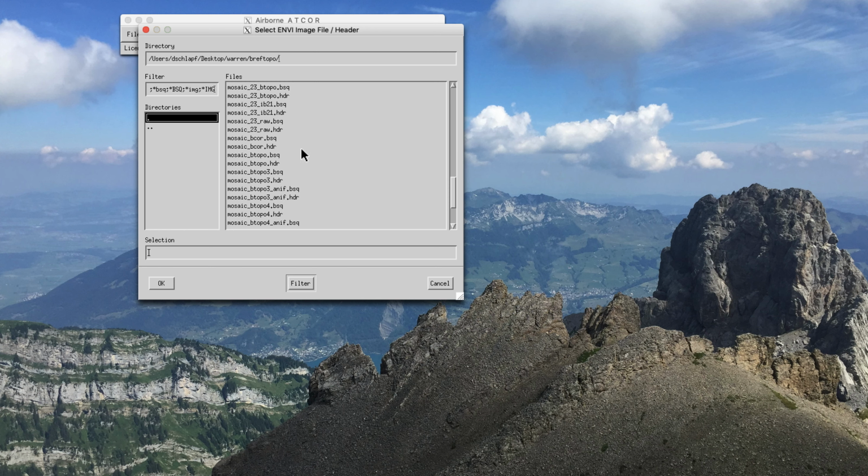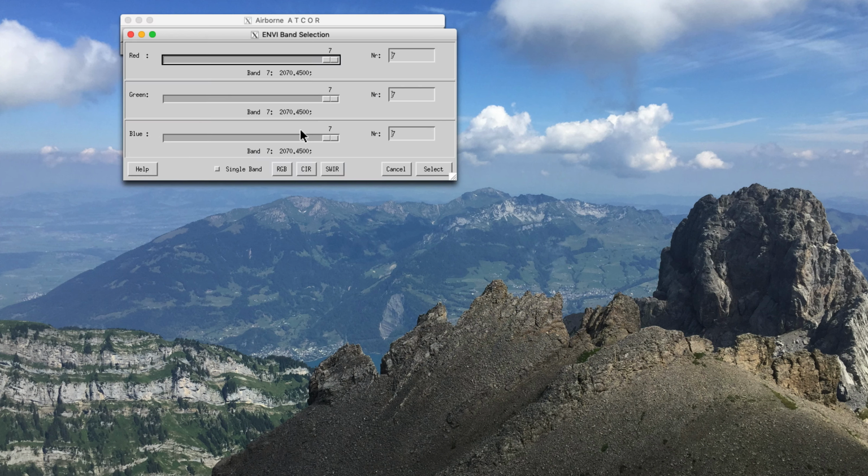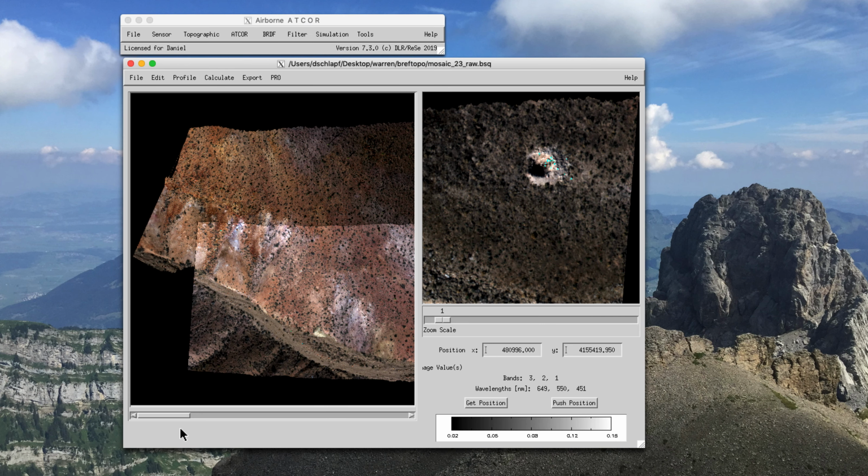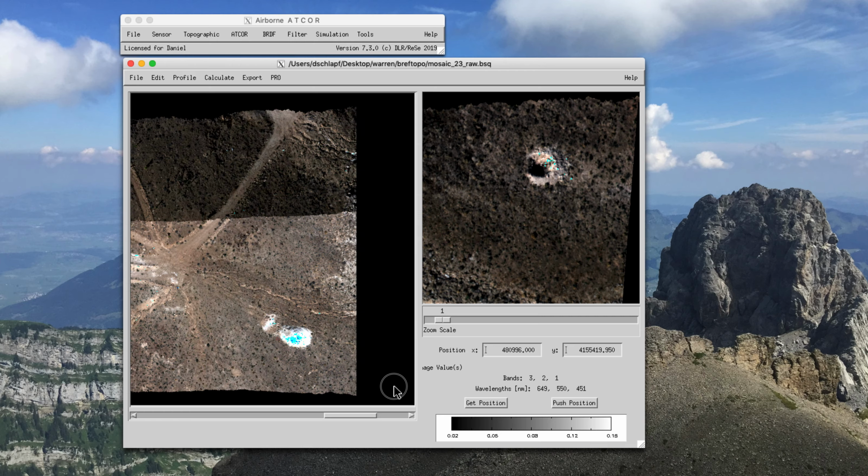So where are the mosaics here? Here they are. So first of all, the data before the processing, so how it looks like if you don't do an atmospheric correction. So you get this difference between the two data sets.